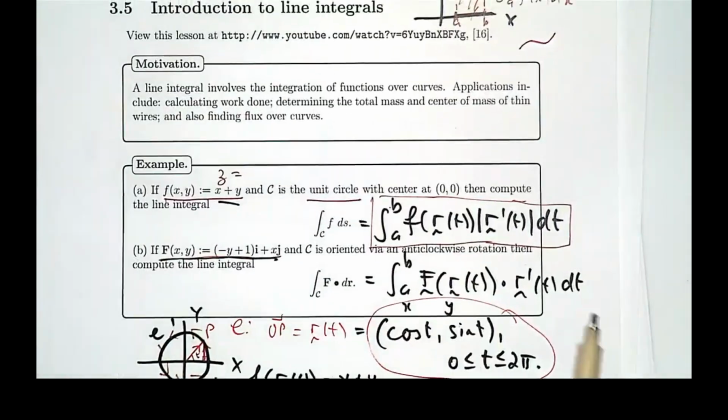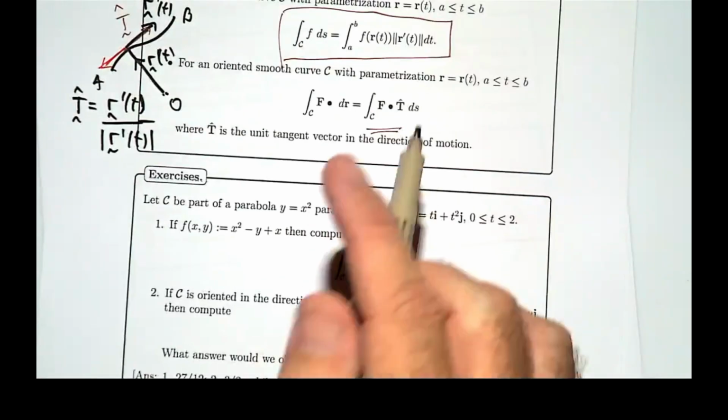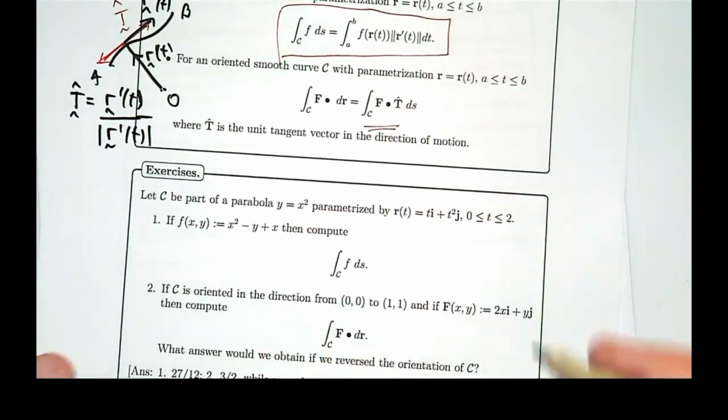How does it sort of work with this? Well, let's look at the dot, and now we're getting back to your dot product. Okay? Now we're getting back to your dot product. Let's look at this dot product here. Okay?